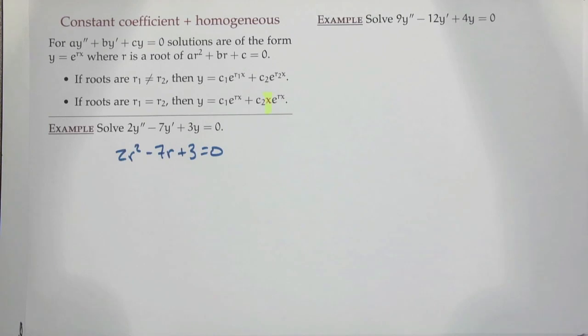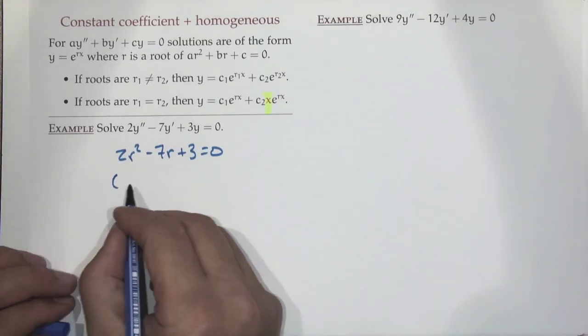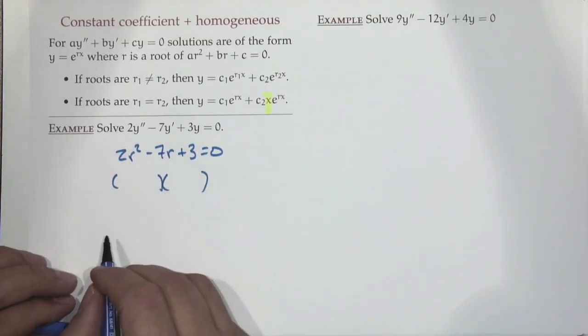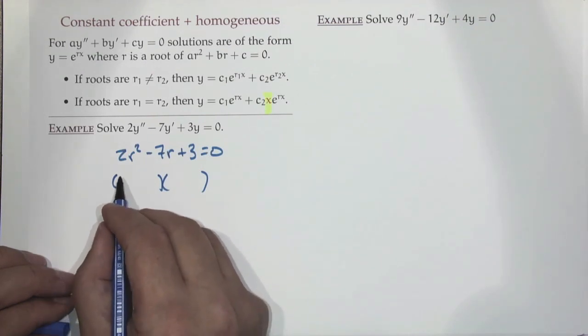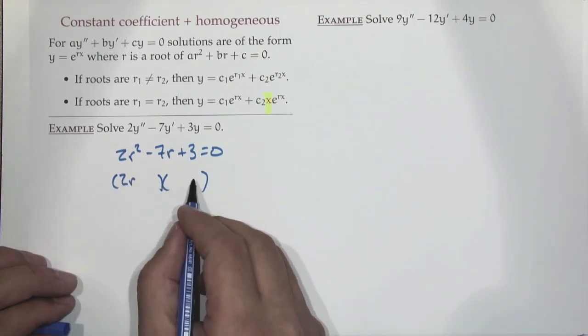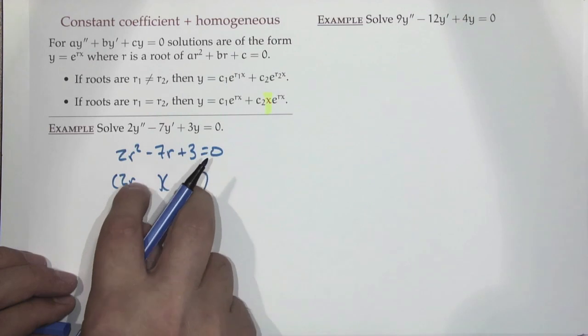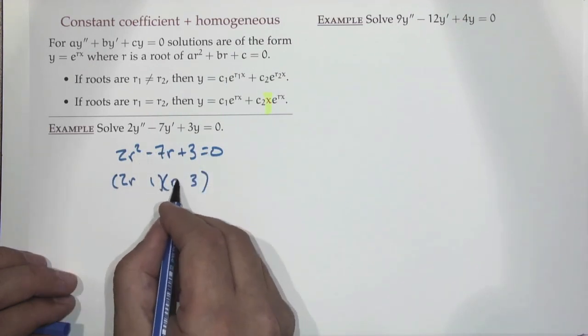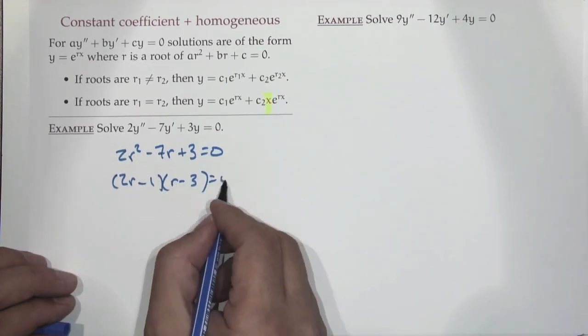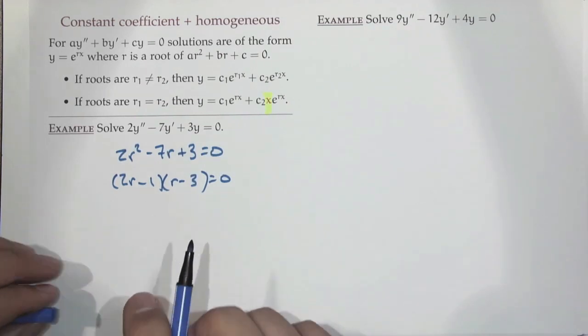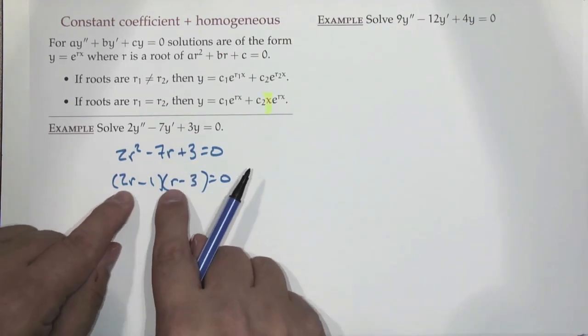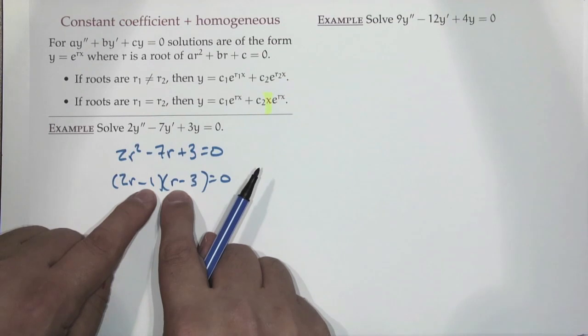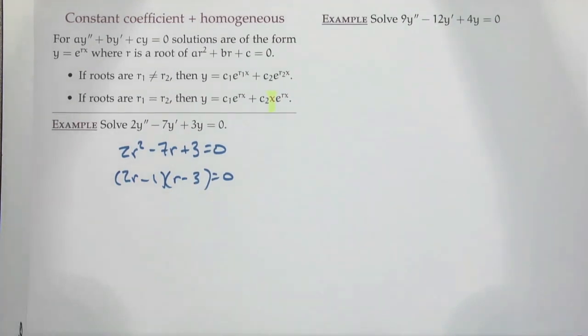What do you do? You factor. Well, you knock on wood and hope it does factor. If it did, you'd need to have a 2r and a 1, and a 1 and a 3, because you've got to get up to 7r. I think a 1 and an r. Does that work? 2r minus 1, r minus 3? I don't know. 2r squared minus 6r minus r. Ooh, plus 3, yes! Woohoo!